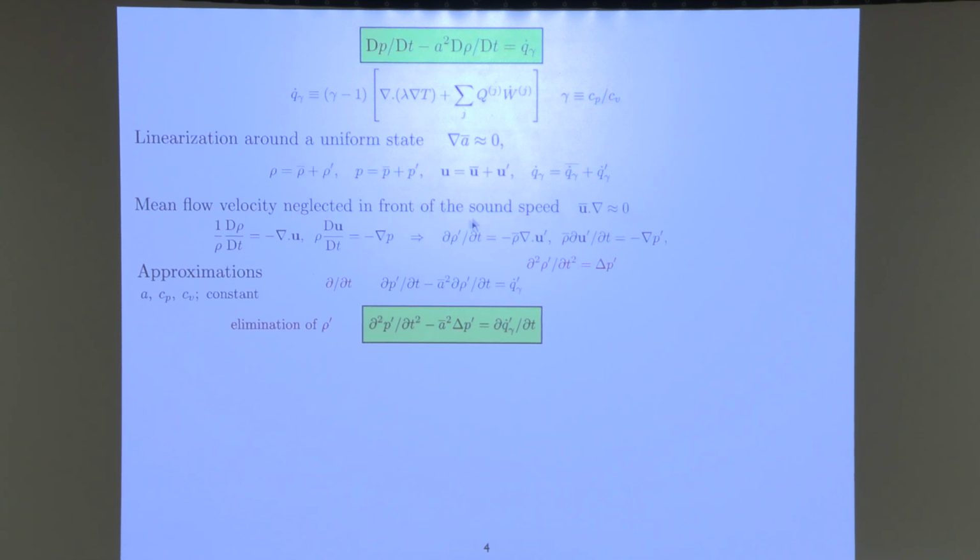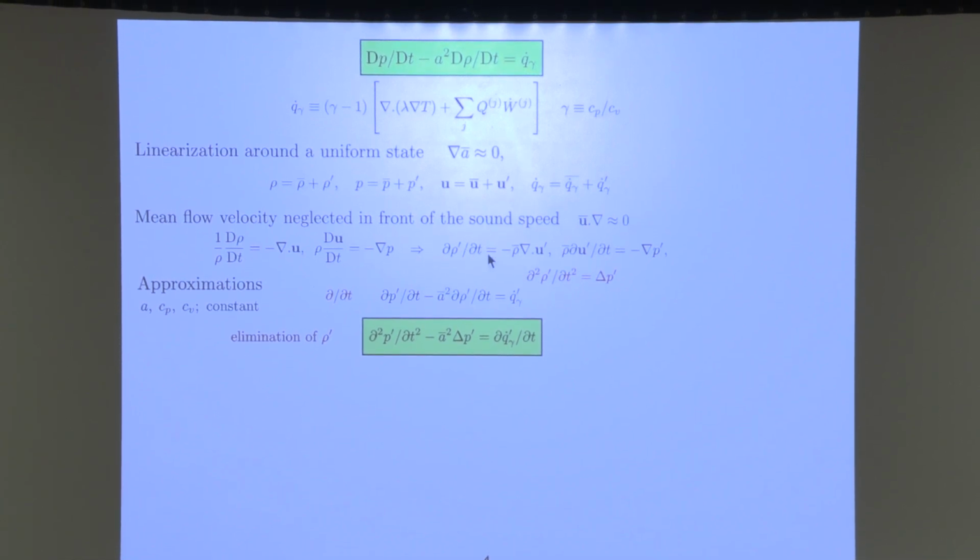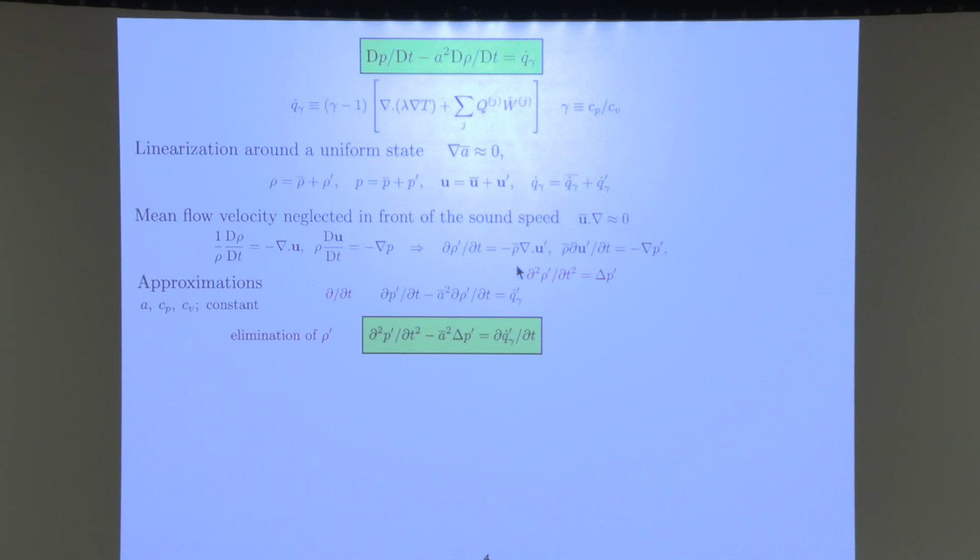If you take the second derivative, you have here the divergence, this is the Laplacian of P, and you eliminate this density, and you obtain simply that the pressure satisfies this equation, which is a wave equation, usually the D'Alembert equation. It is called either the D'Alembert equation or the wave equation.